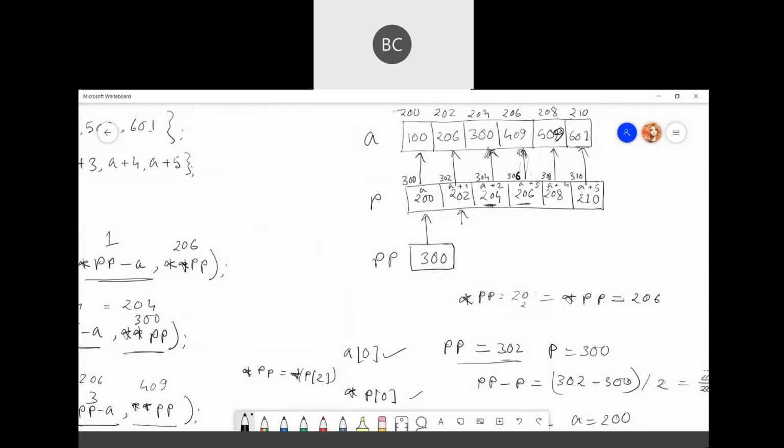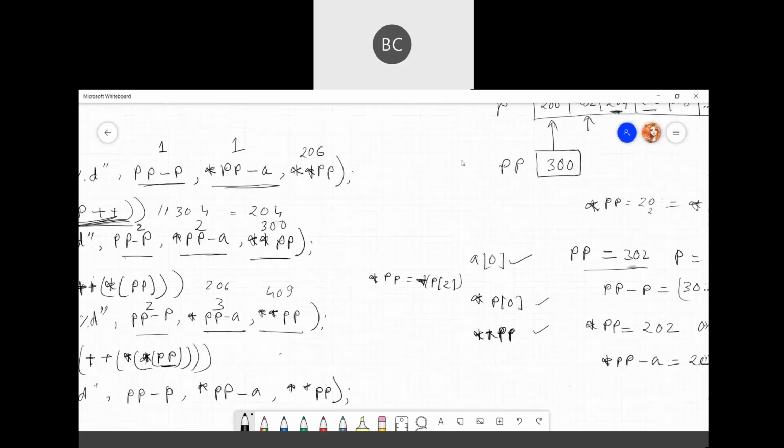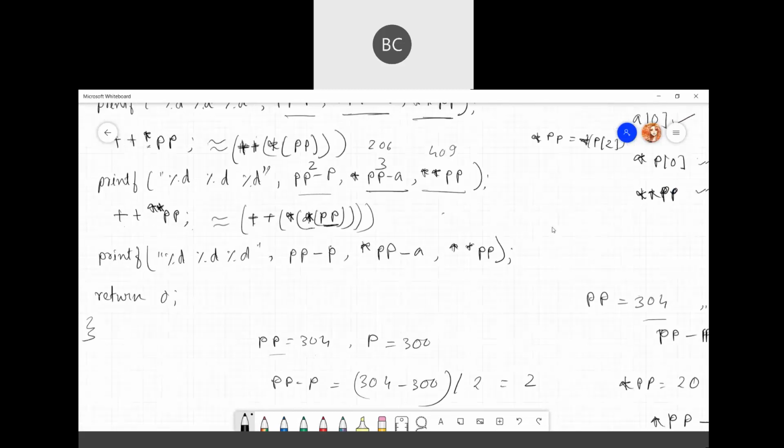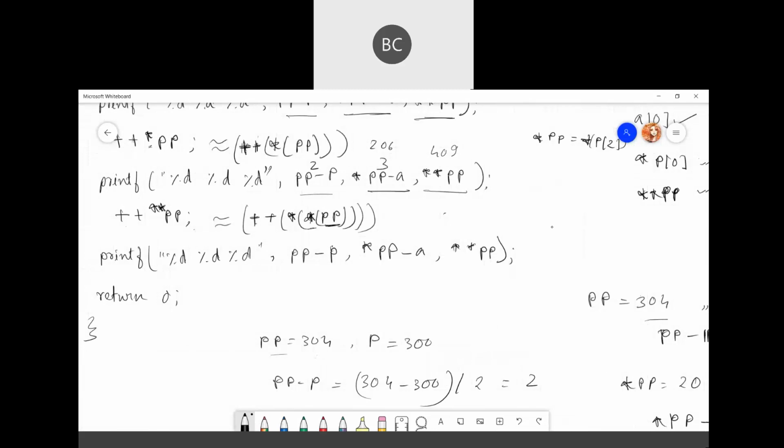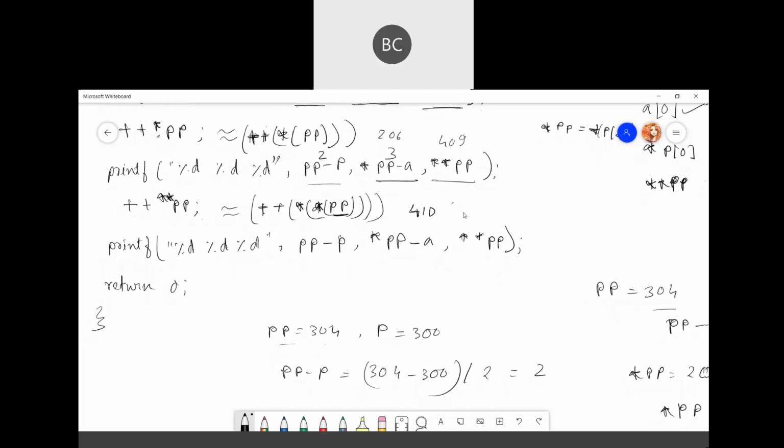It is 409. Then you are again going to increment it. 409 plus 1 will be 410. So this is equivalent to your 410. Okay.